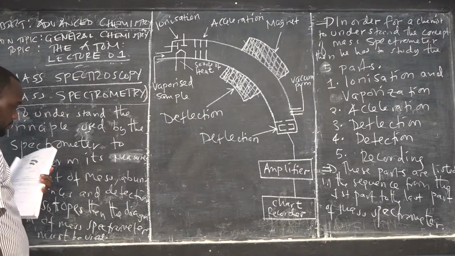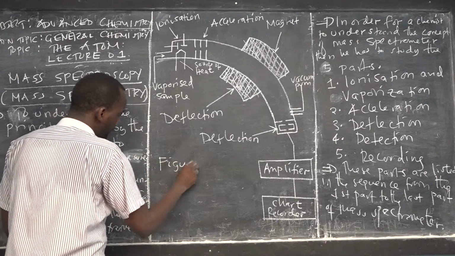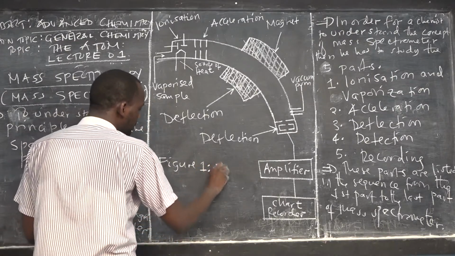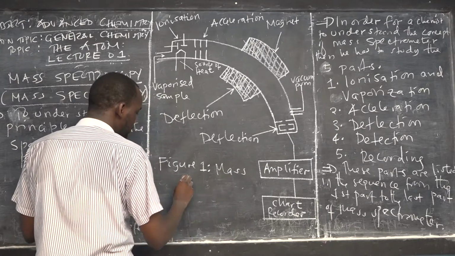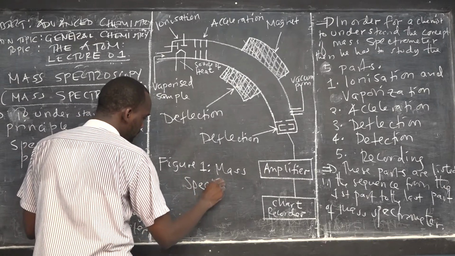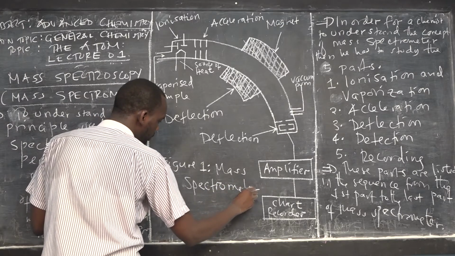Here's to vacuum. And then this is figure 1. We call it mass spectrometer.